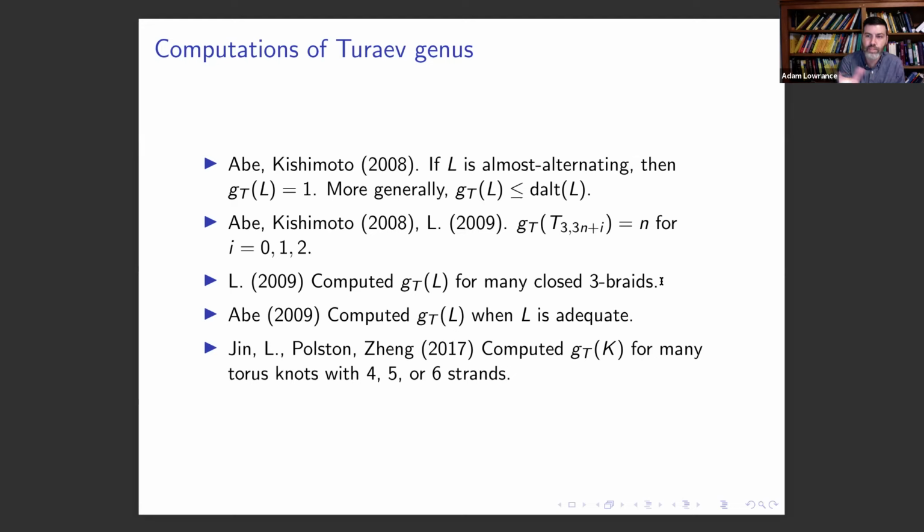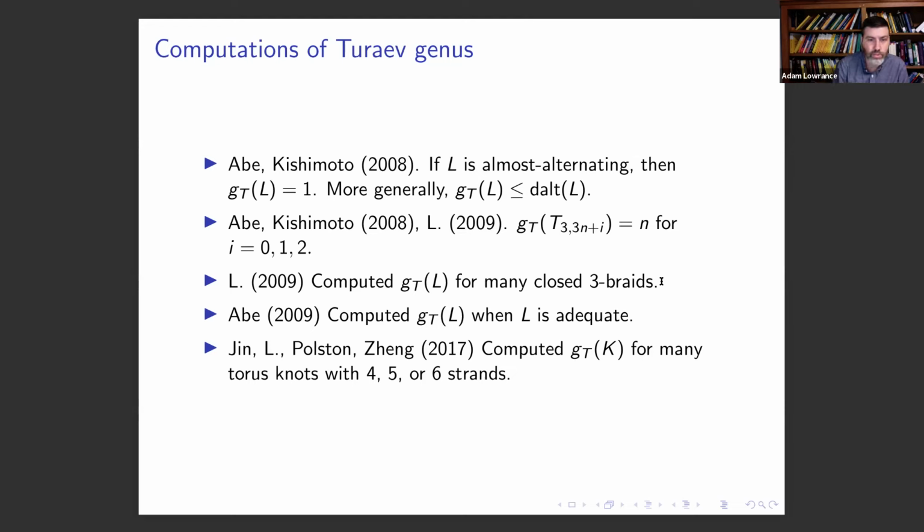And once you have the lower bound, the name of the game is, all right, how do you come up with a diagram that meets that lower bound? A lot of the time I could get a diagram that met the lower bound, and the rest of the time I got a diagram that was one bigger than whatever the lower bound was. So we knew that the Turaev genus was either this or one lower than what we could realize.